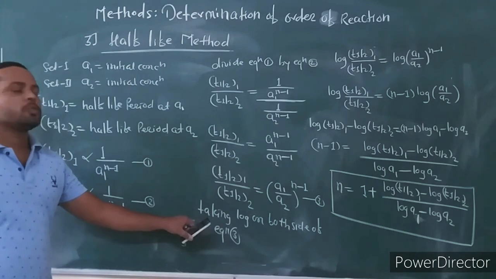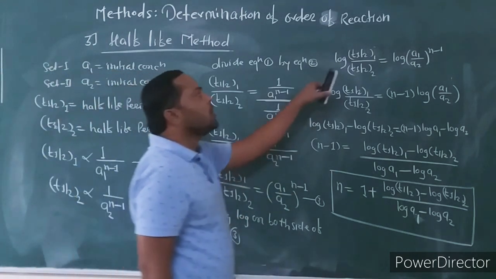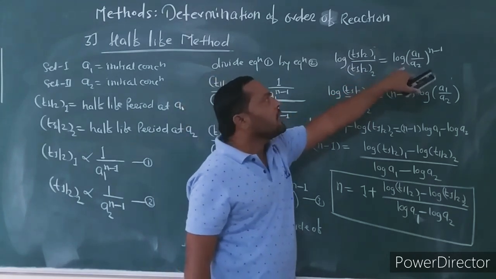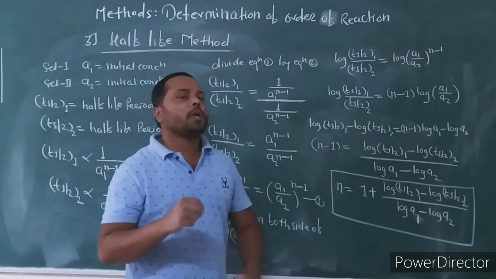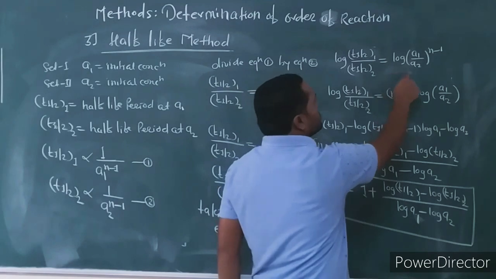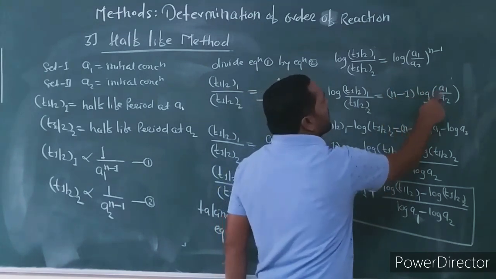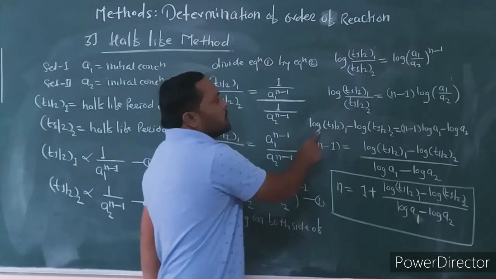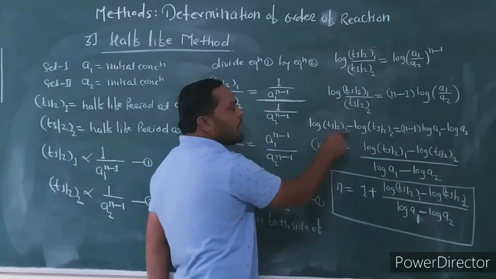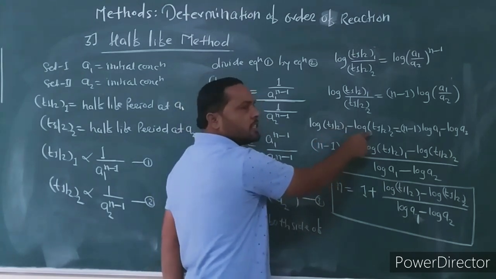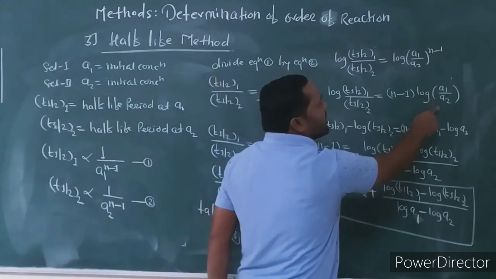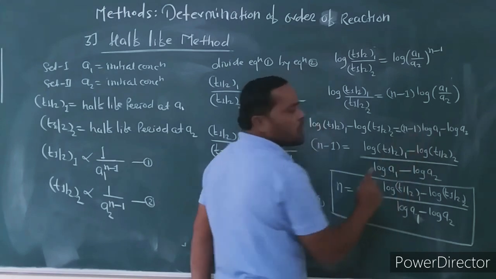Then taking log on both sides of equation 3, we can write log T half 1 divided by T half 2 is equal to log (A1 upon A2) raised to n minus 1. Using rules of logarithm, this is n minus 1 times log A1 upon A2. Then log T half 1 divided by T half 2 we can write as log T half 1 minus log T half 2, and n minus 1 log A1 divided by A2 we can write as log A1 minus log A2.